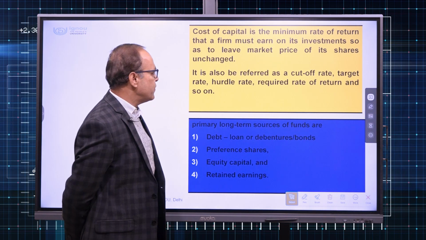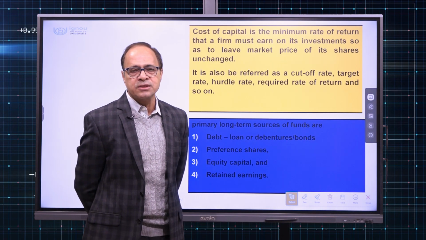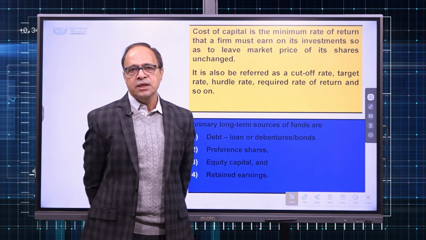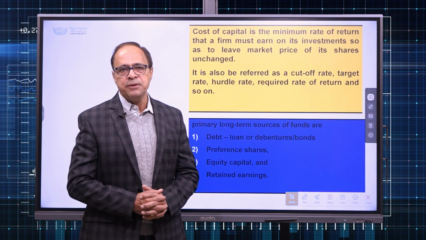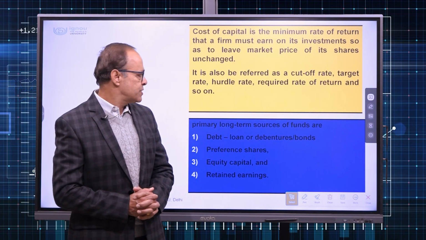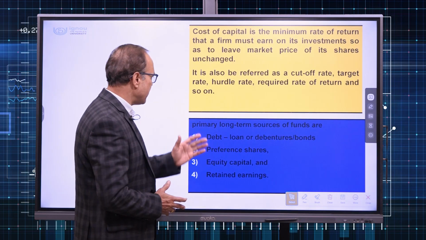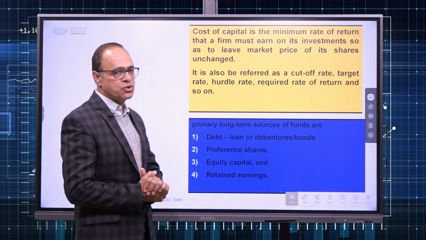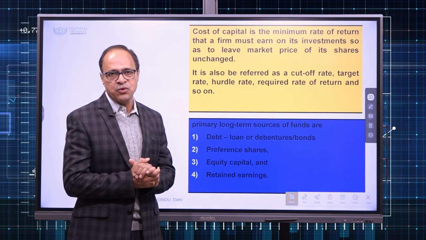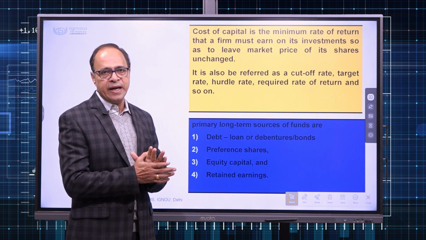It is also referred as cutoff rate, target rate, discount rate or hurdle rate, because this is the minimum rate which company must earn on its investment projects. Now what are the primary long-term sources of funds? Because that was the definition of cost of capital and we will calculate that also.